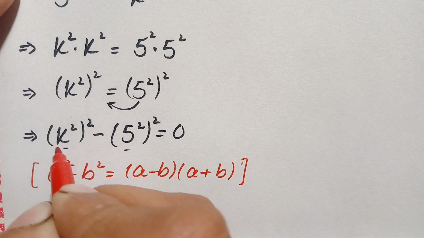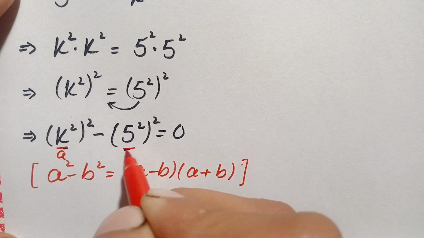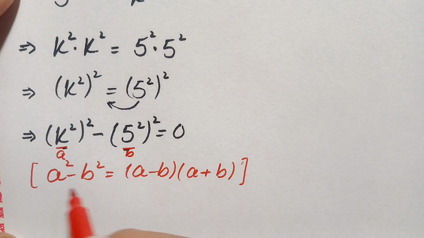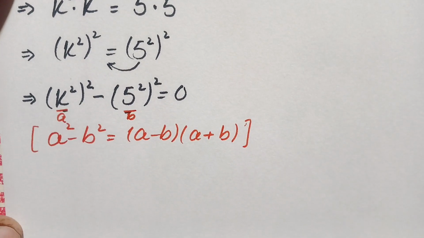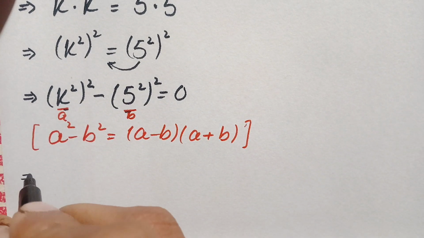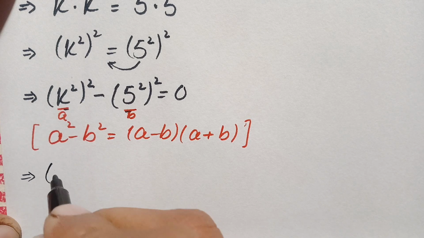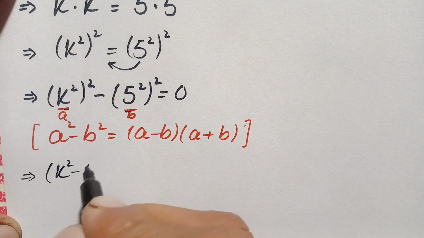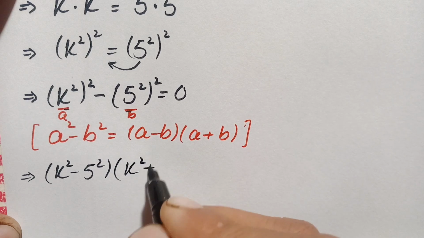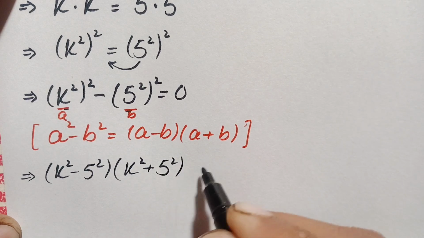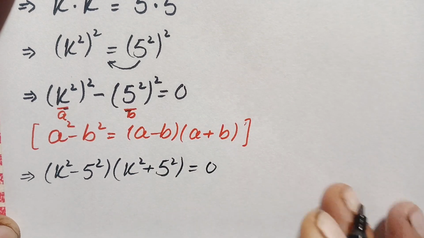So here a is k square and b is 5 square. So using this identity, we can write this equation as, this implies, k square minus 5 square times k square plus 5 square is equal to 0.